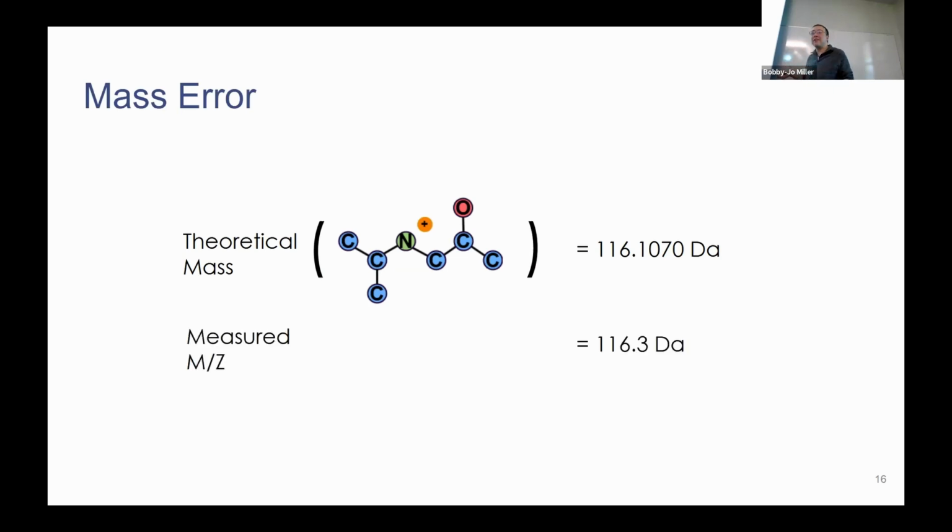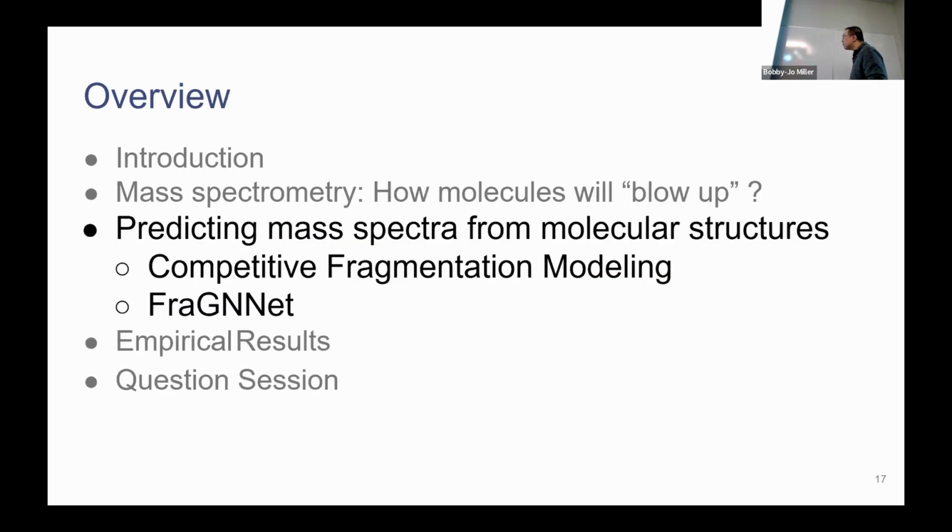But the observed mass on the instrument says 116.3. The difference between these is called a mass error. This is not avoidable. It depends on the instrument type and the protocol of how people process these things. Sometimes it also depends on the weather of the day. So just keep in mind, mass error always exists.